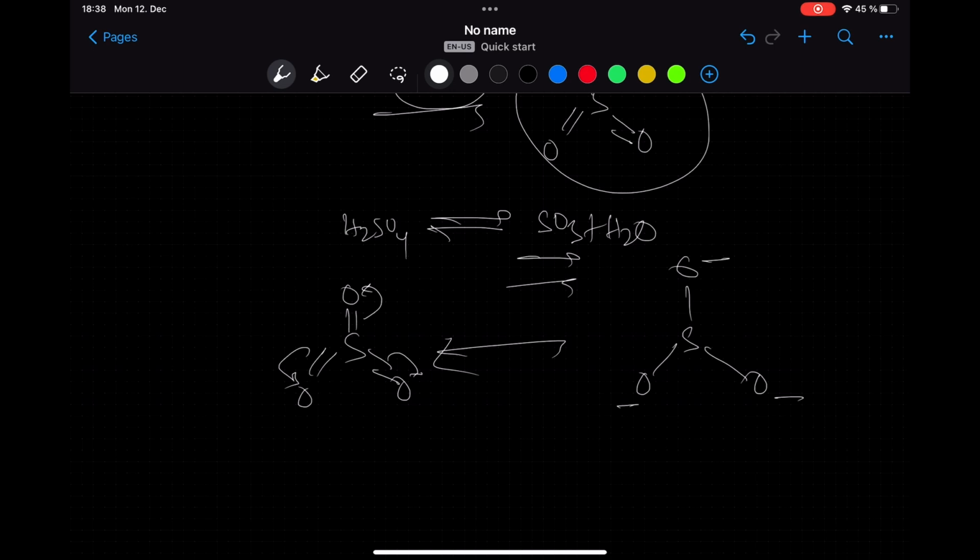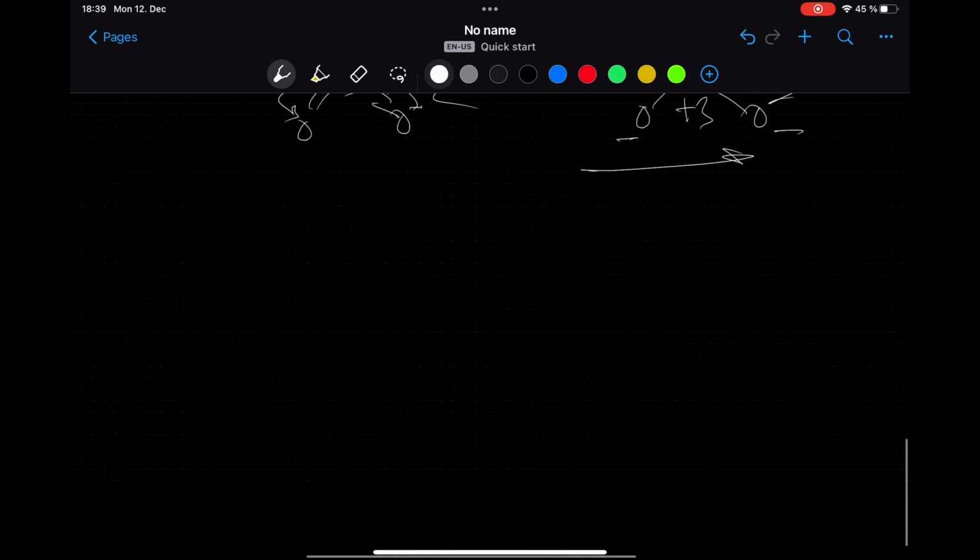Now we have 3 negative charges, and you can see that we have a +3 here for the central sulfur atom. And now, even though this compound is neutral, this sulfur atom is very, very electron poor. Since this is very electron poor, this can act as our electrophile, and the benzene ring, being electron rich, would be our nucleophile. Now let's talk about the mechanism.